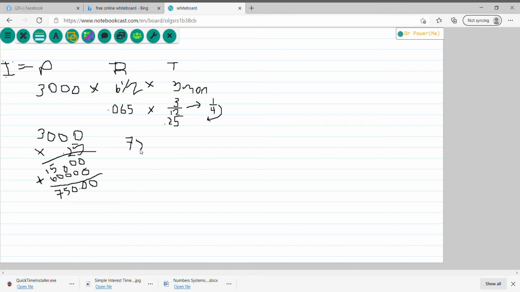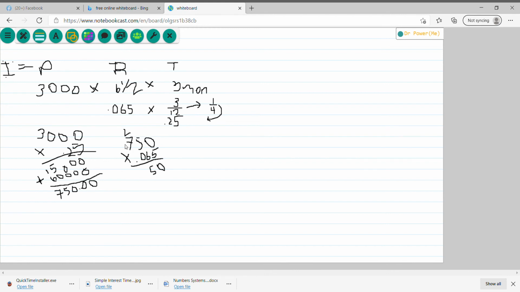I got this number, 750. And now I'm going to multiply it by 0.065. 5 times 0 is 0. 5 times 5 is 25. I'm going to put the 5 down and carry the 2.